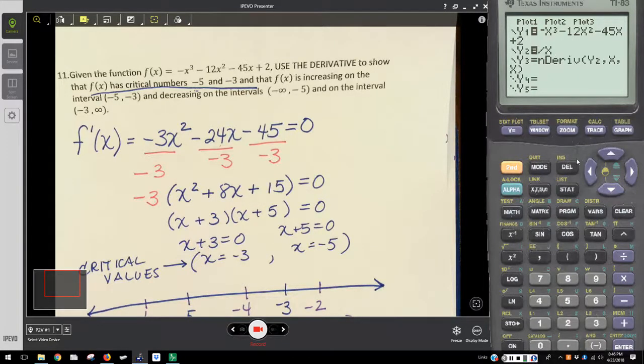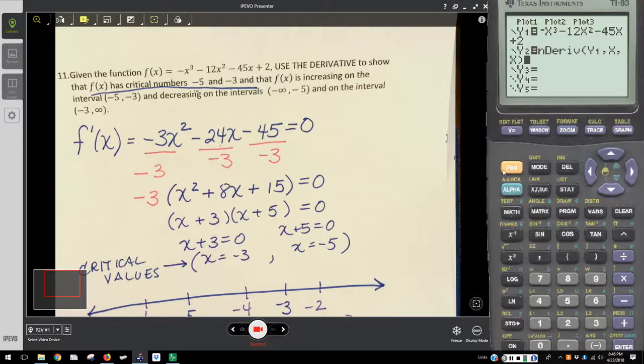We're not really interested in the average, so we're really only interested in the derivative, but not of y2, so I'm going to clear that out. Go math, number 8 to get the derivative, and ask it to find me the derivative of the function in y1 with respect to x at any value of x that I ask for.